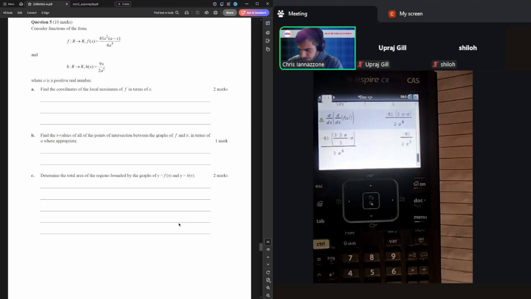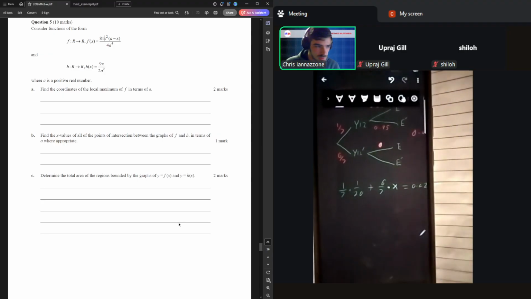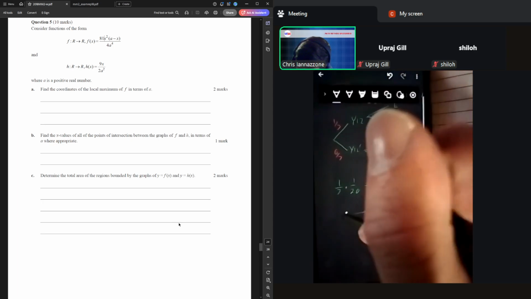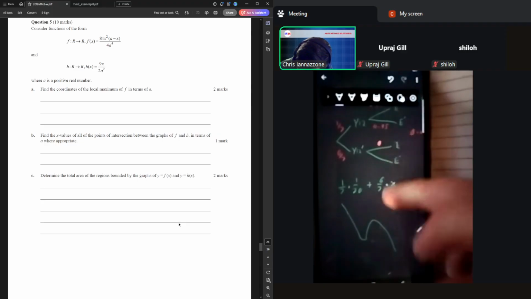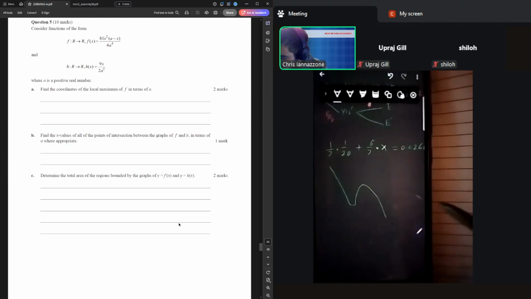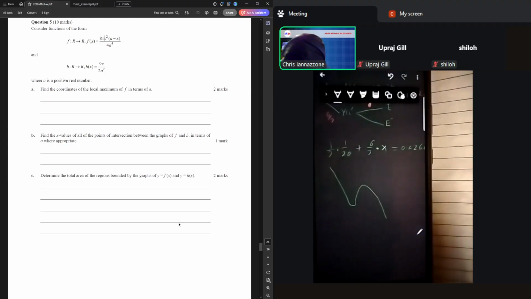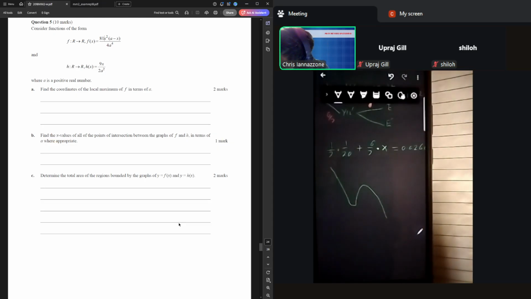And the final way to do it, which is probably the quickest, would be to just know what a negative cubic looks like. A negative cubic will always start top left and bottom right. So if it has two stationary points, the max will always be after the, sorry, what am I?